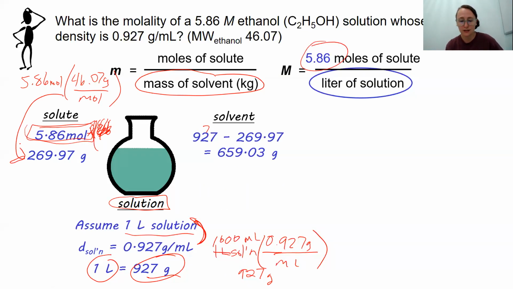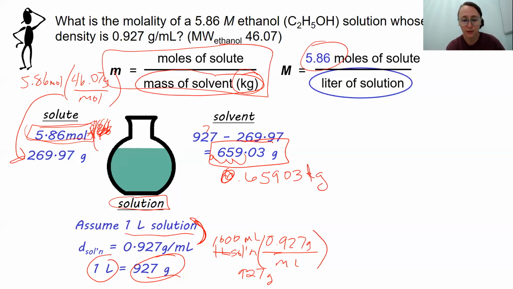So now we can take the 927 grams of solution and subtract out the solute, and we get the grams of solvent, only we need it in kilograms. So if you move the decimal back 3 spaces, you get 0.65903 kilograms.